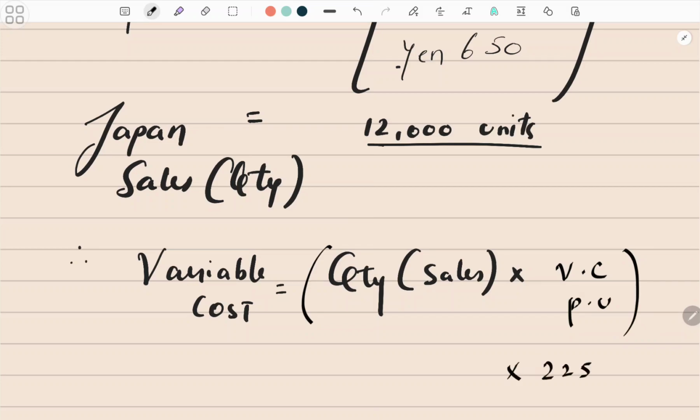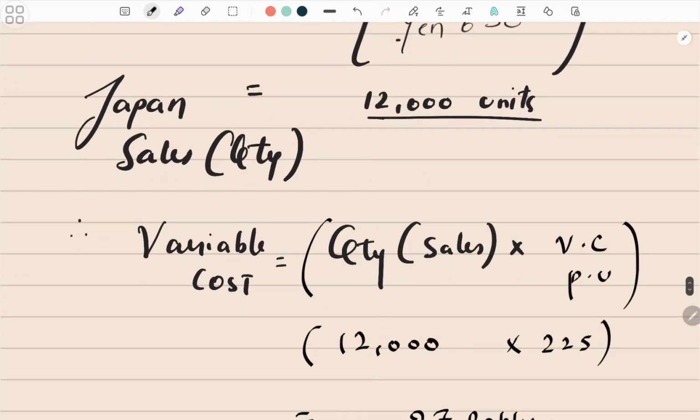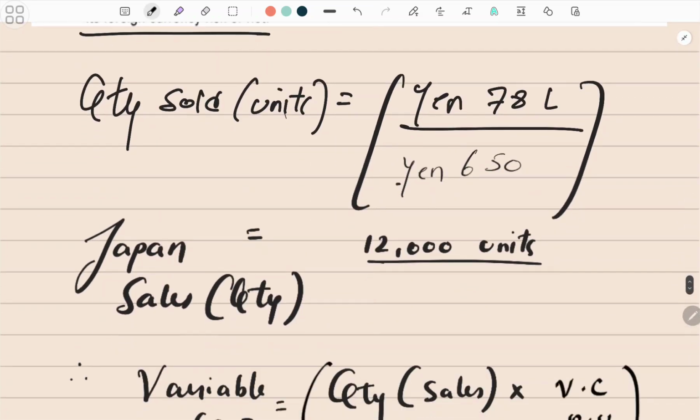Was it 225? Yes, and this is 12,000. So this comes up to 27 lakh. Okay, but what is this? What was this rate? Rupee, this is rupee.